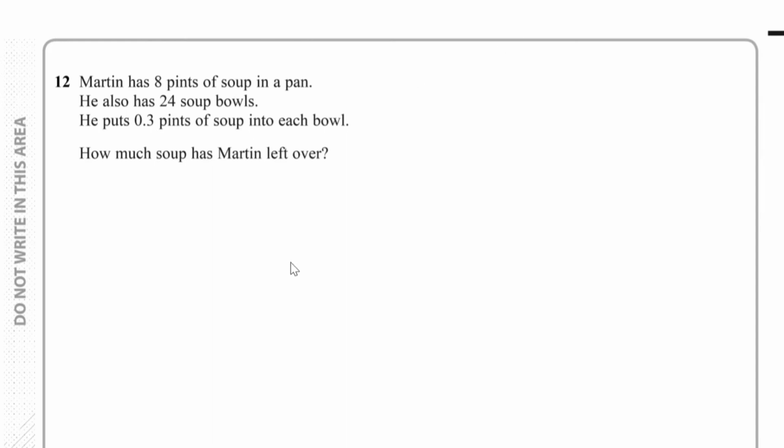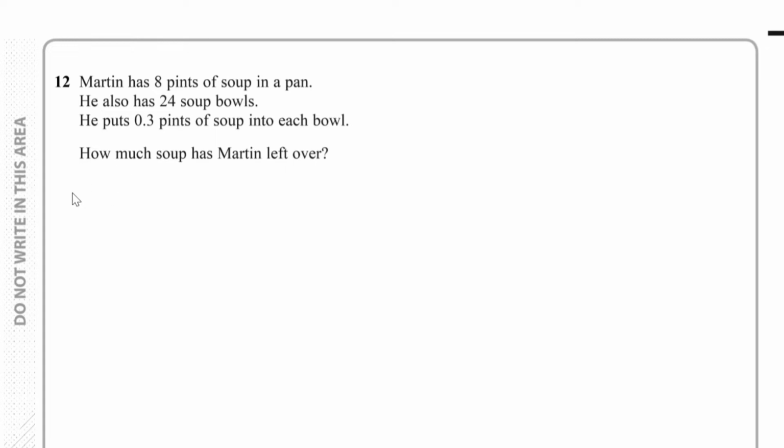Question number 12. Martin has 8 pints of soup in a pan. He also has 24 soup bowls. He puts 0.3 pints of soup into each bowl. How much soup has he got left over? So he puts 0.3 pints into each soup bowl, and there's 24 of them.